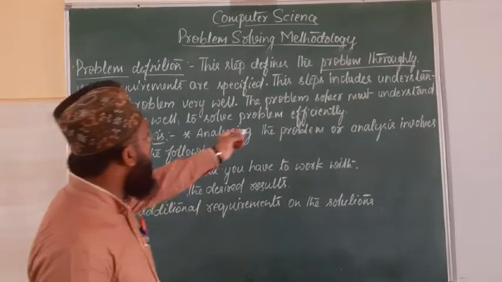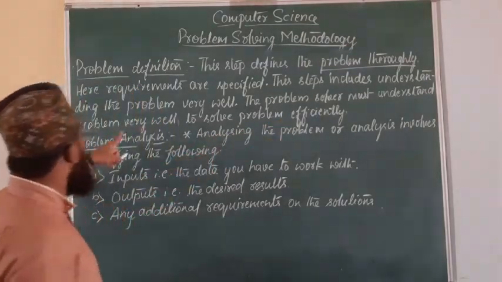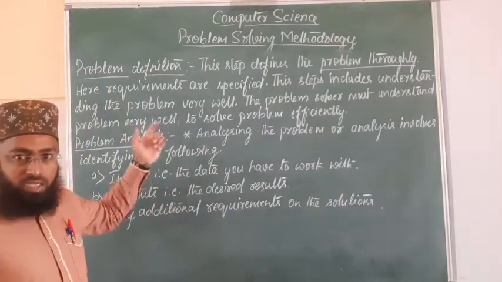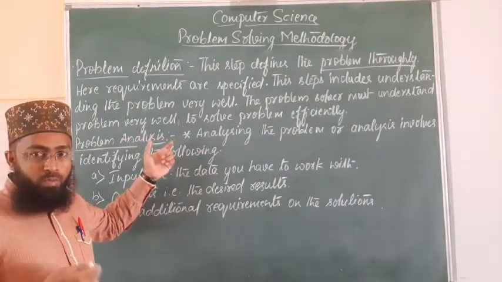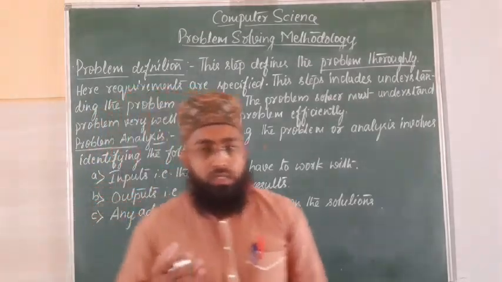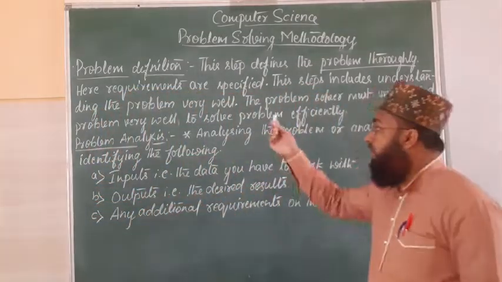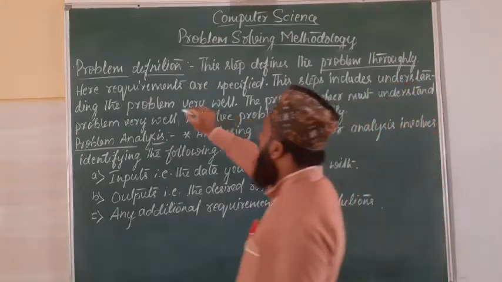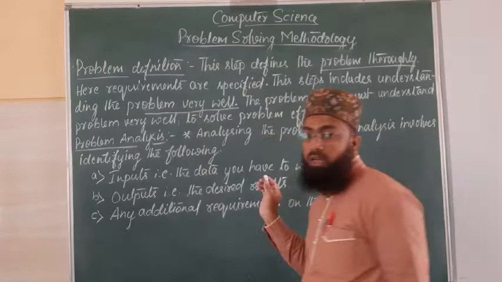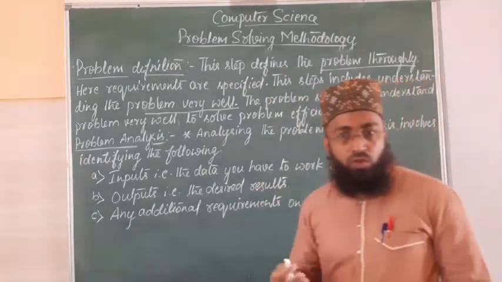Next, the problem solver must understand the problem very well. That is, a person who will solve the problem needs to understand the problem very well. If he does not understand the problem very well, then he cannot solve that problem.